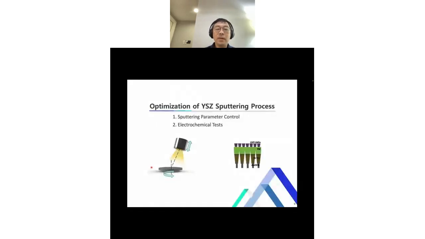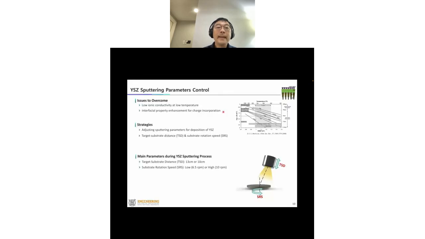First I will explain the process for the electrolyte, the yttria stabilized zirconia, using the sputtering process. The requirements of the zirconia electrolyte in the solid oxide cell are that we first need a thin layer, but it has to be very dense.